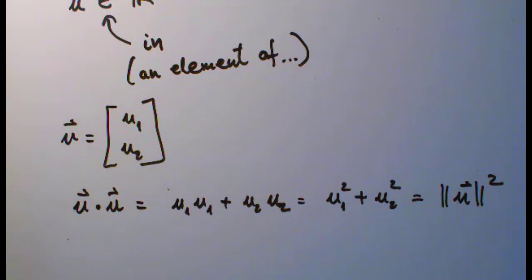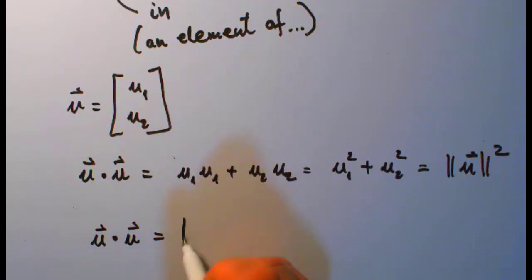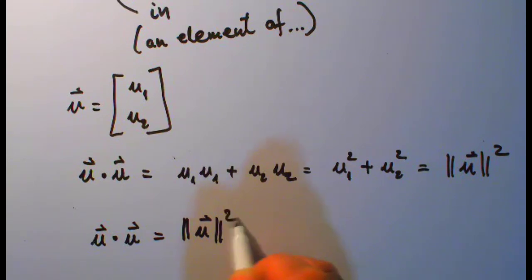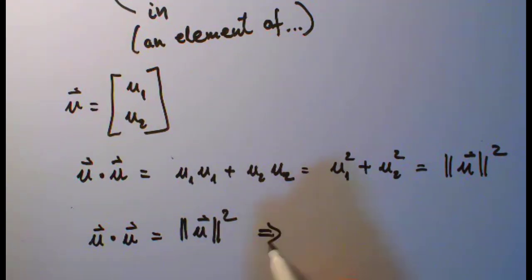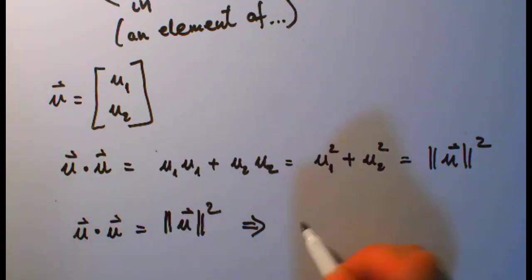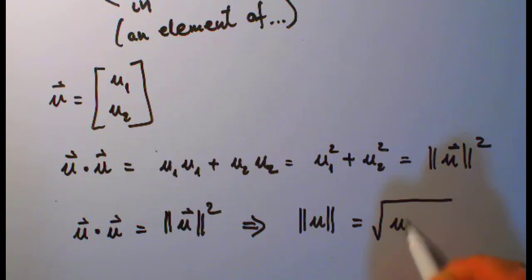As a matter of fact, we discover that any vector u dot itself equals the length of that vector u squared. And so algebraically, we arrive at the length of the vector being simply the square root of the dot product.